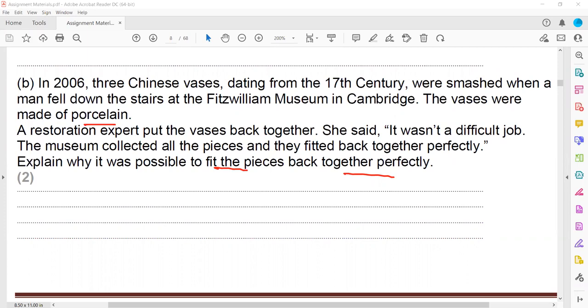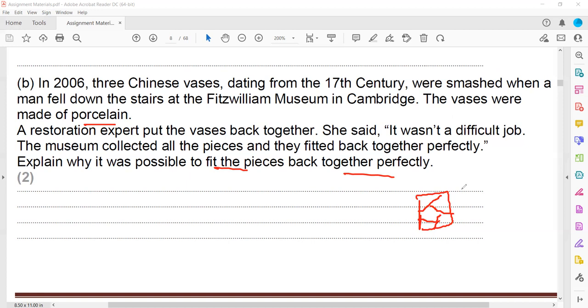So it does not change shape much. When it breaks into pieces, the pieces do not change size. As a result, if we want to fix it, we just have to combine the pieces in a correct order so that it will form the same figure again.